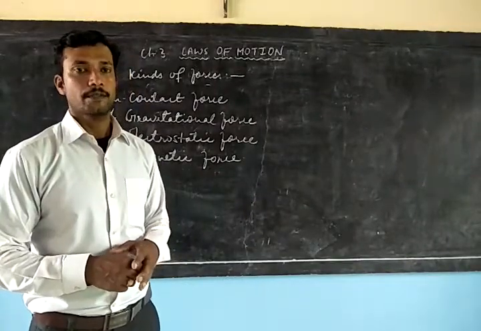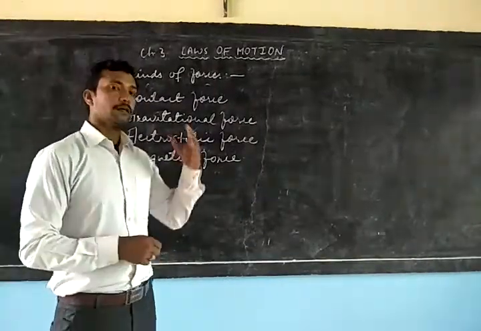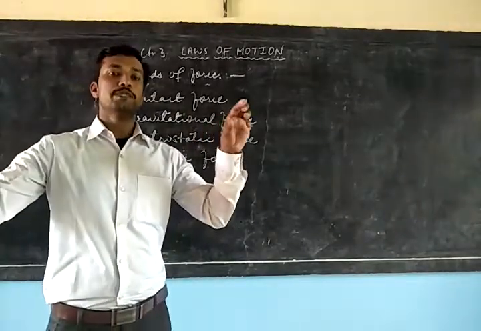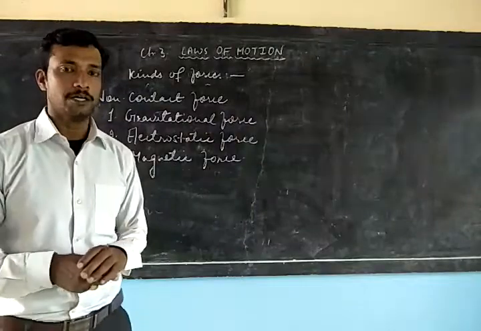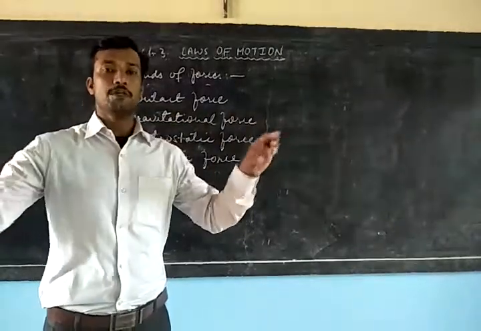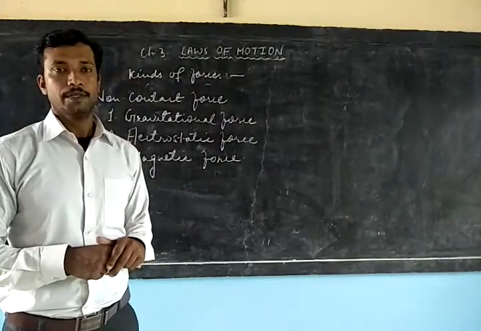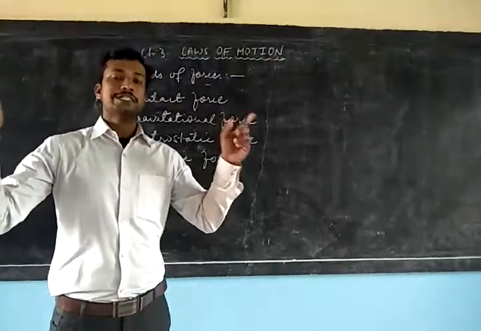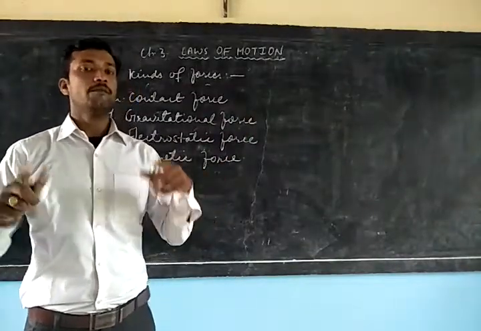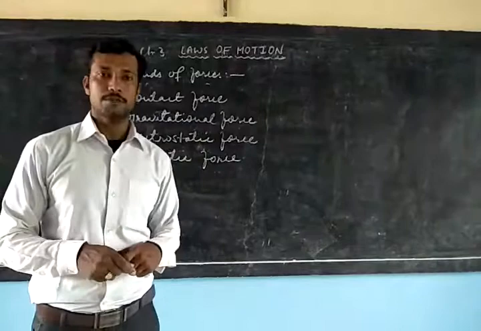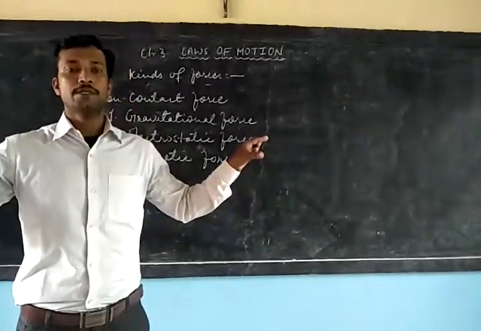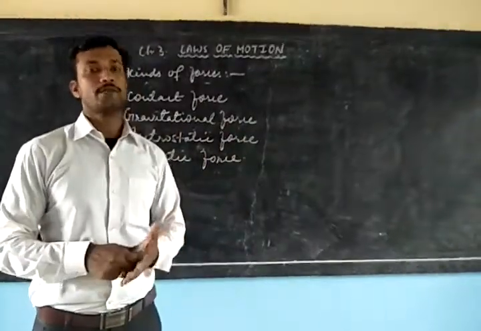And second, the magnitude of the force of attraction between two bodies which are not in contact with each other depends on the distance of separation between the two bodies. That is, if the distance between the two bodies is small, then the force of attraction will be very large. The same is the case when we increase the distance between the two bodies: gradually the force of attraction will decrease.